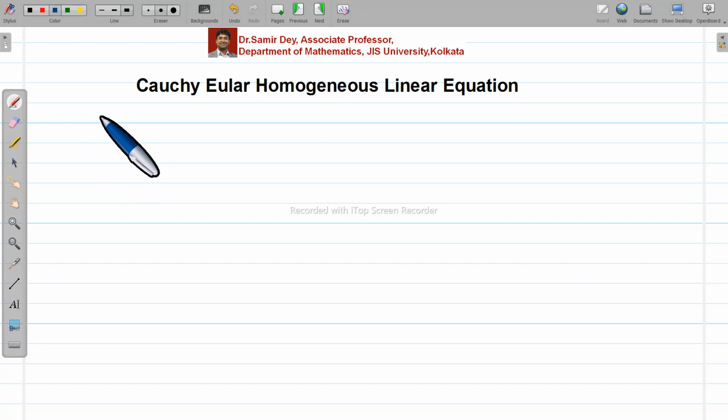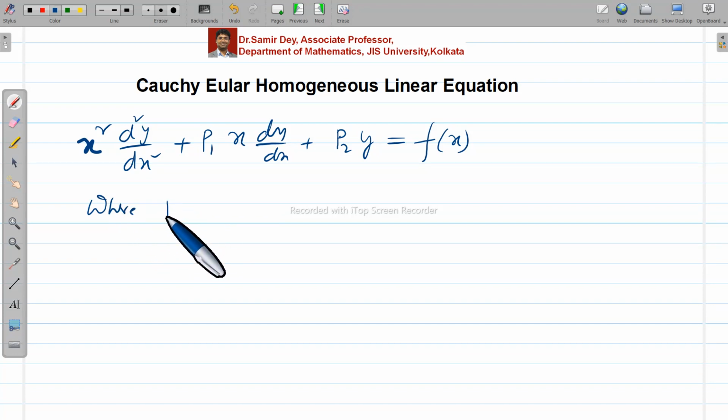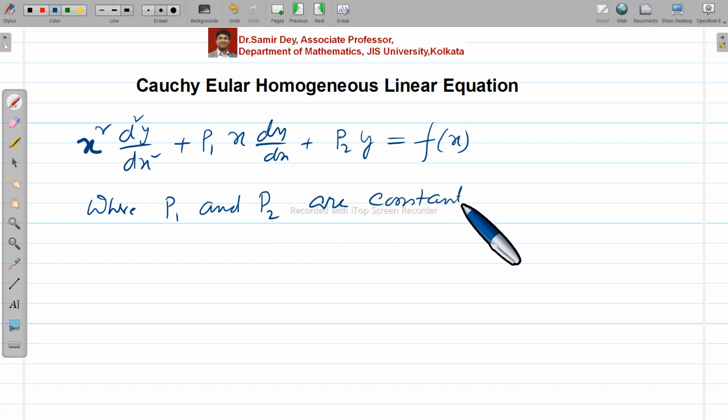The standard form of Cauchy Euler homogeneous linear equation is, suppose here I am considering second order only: x square d2y dx square plus p1 x dy dx plus p2 y is equal to some function of x, where p1 and p2 are constants. So this is the general form. Here I have considered only second order.